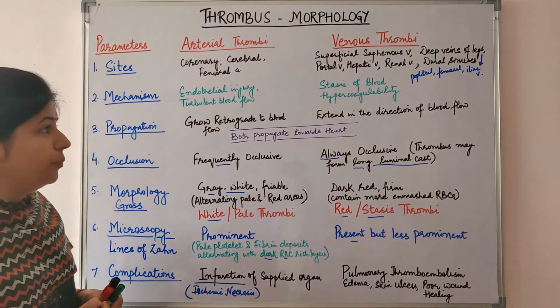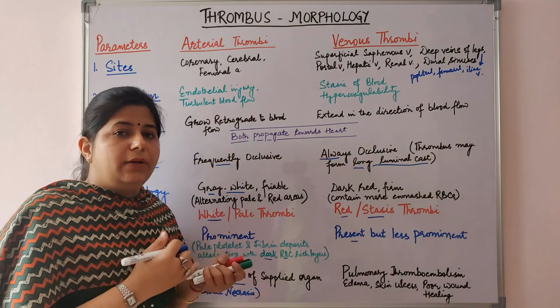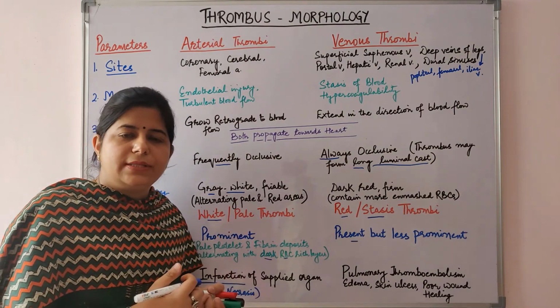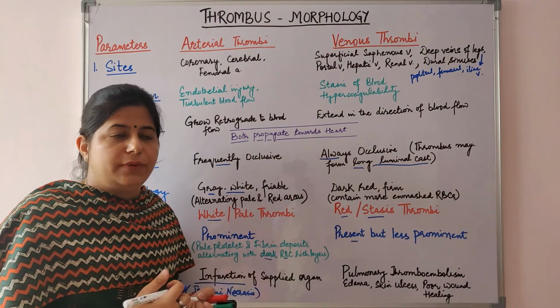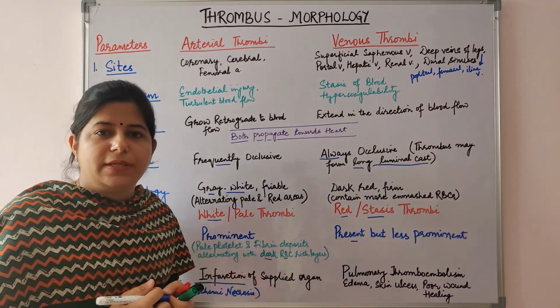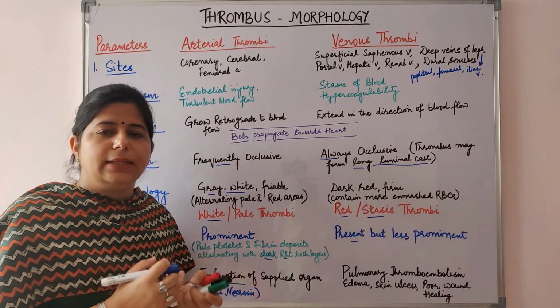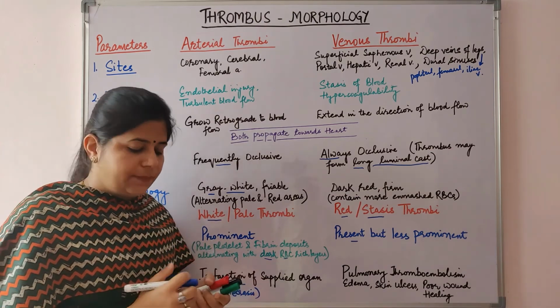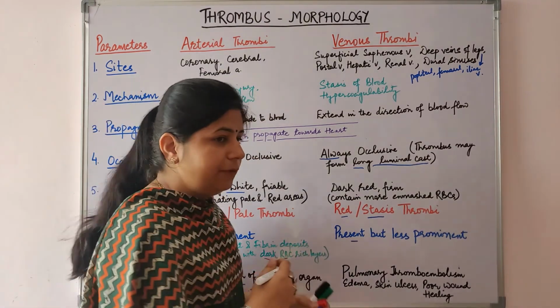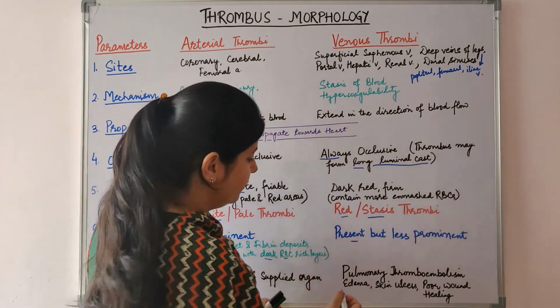Complication in venous thrombi depends on whether the superficial veins are involved or the deep veins are involved. In case of superficial saphenous veins, the venous thrombi occur in the setting of varicosities. So the clinical features and complications will be different.